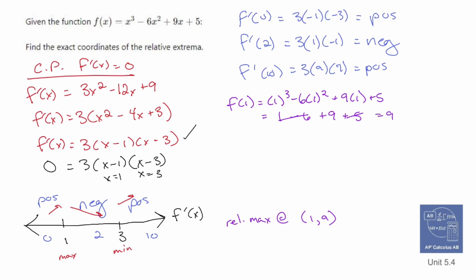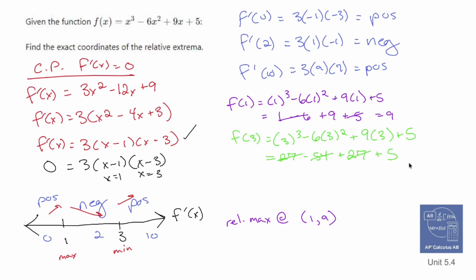Let's plug in 3 to see what our relative minimum is going to be. F of 3 is going to be 3 cubed minus 6 times 3 squared plus 9 times 3 plus 5. 3 cubed is 27. 6 times 3 squared is 6 times 9, which is minus 54. 3 times 9 is 27, plus 5. 27 and 27 make 54, which means all three of these cancel out.